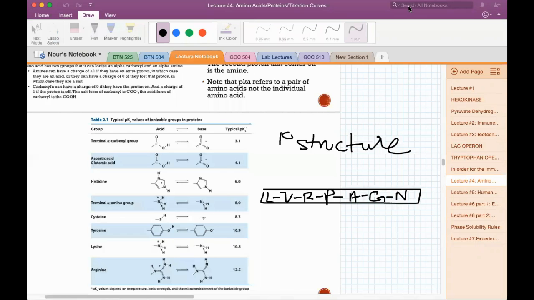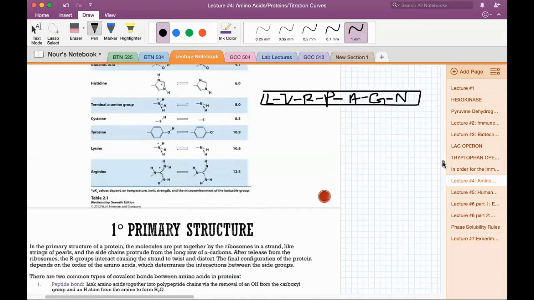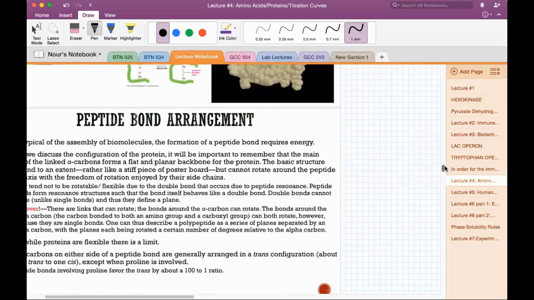Is it too early to test you guys? Okay, all right. Yay, good job. Asparagine, yes, and this is asparagine. So in a sense, for primary structure, it's just what amino acids make up the protein. It's not that hard. It's the general primary sequence. So I'm not going to get into more details on that.